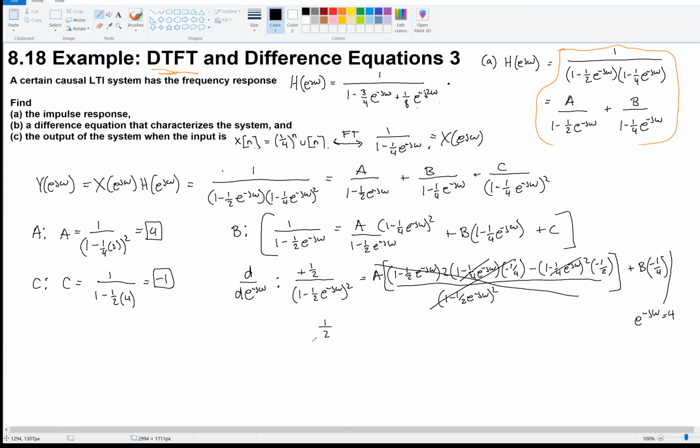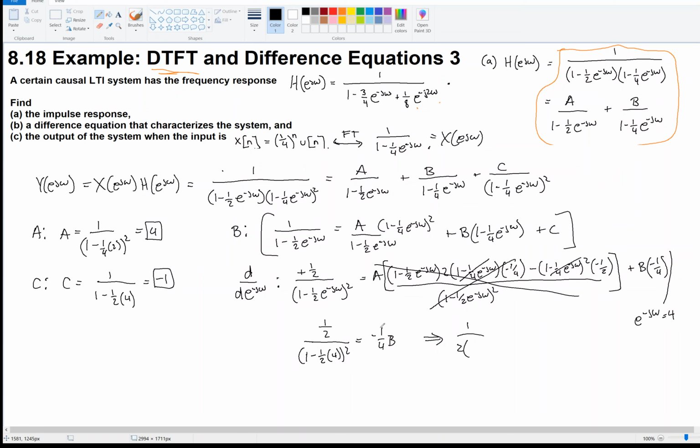I'm left with 1 half over 1 minus 1 half times 4 squared equals minus 1/4 times b. So 1 half times 4 is 2. 1 minus 2 is negative 1.